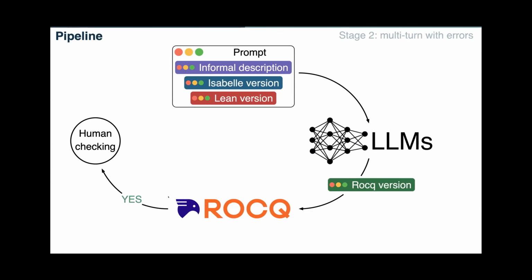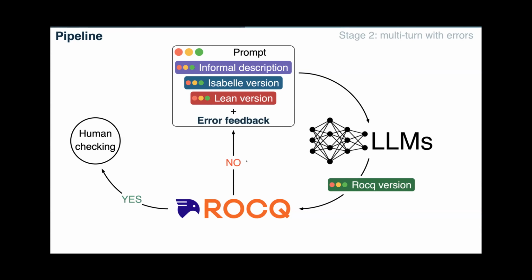To improve our results and performance, we design stage 2, called multi-turn with errors. In this stage, we use the feedback from the Rocq type checking tool.